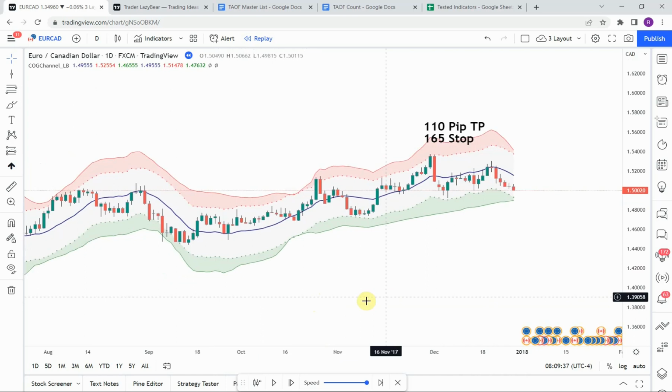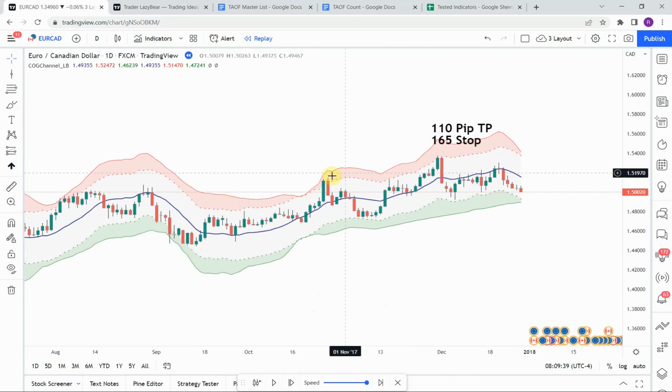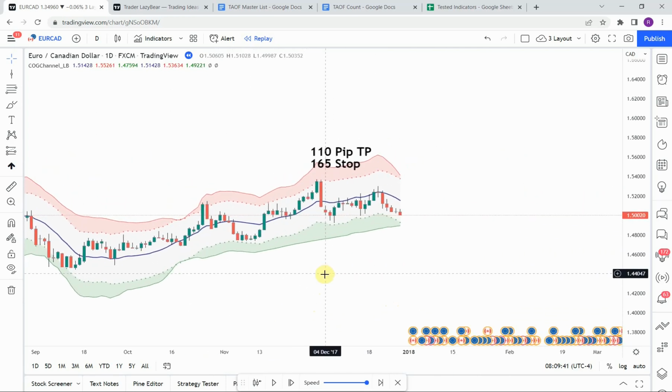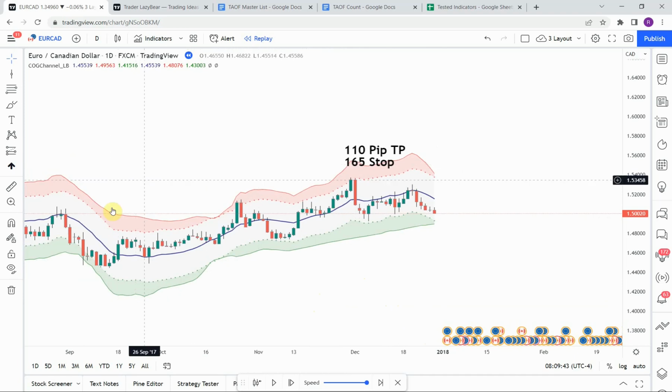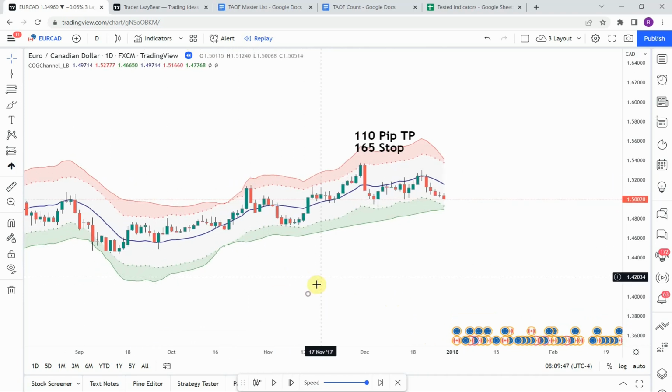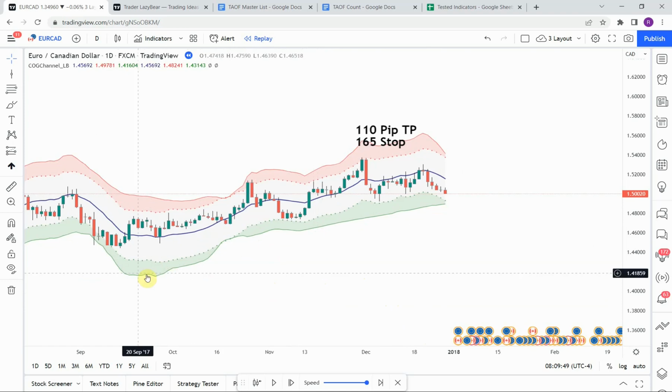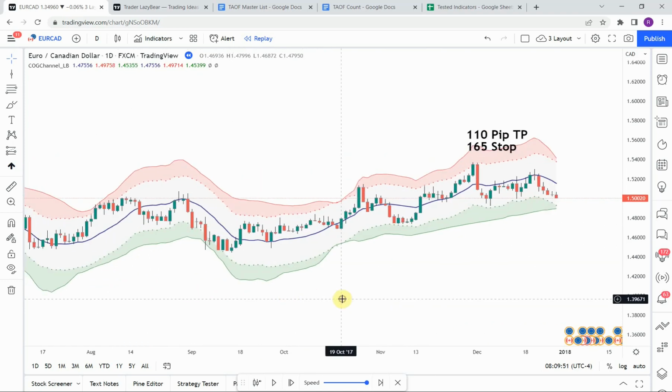The band on top here is a red band. That's going to signify the overbought area, and then the band down below is the green band. That is going to signify the oversold.